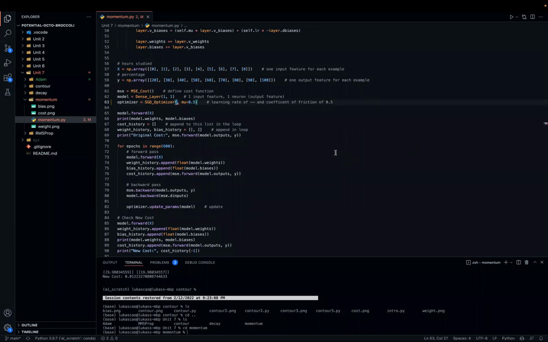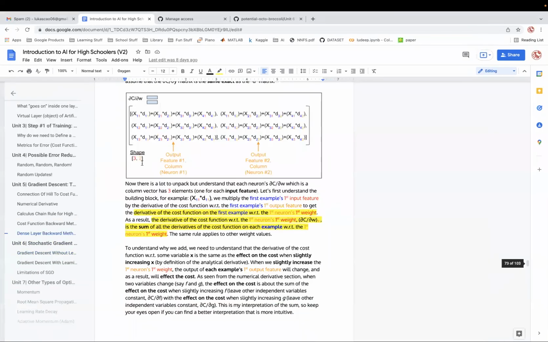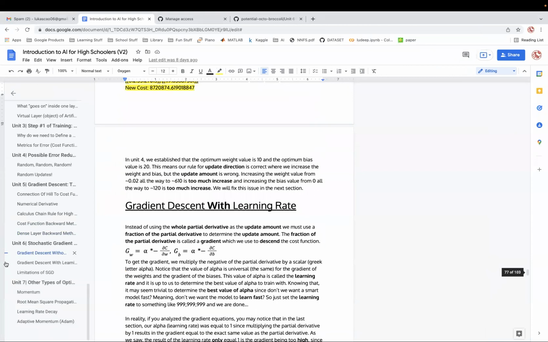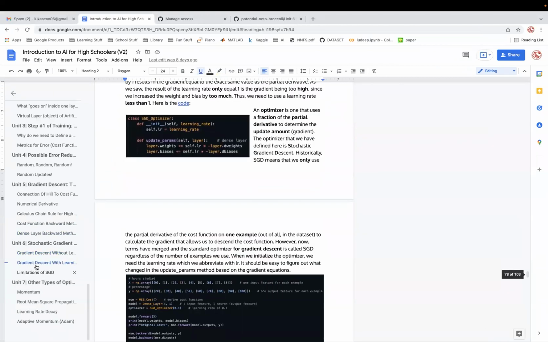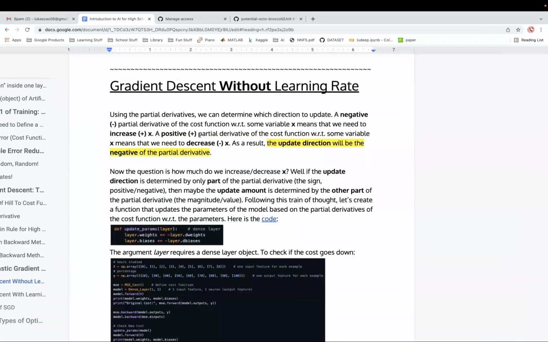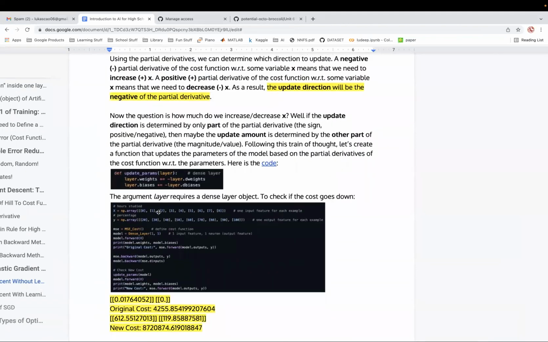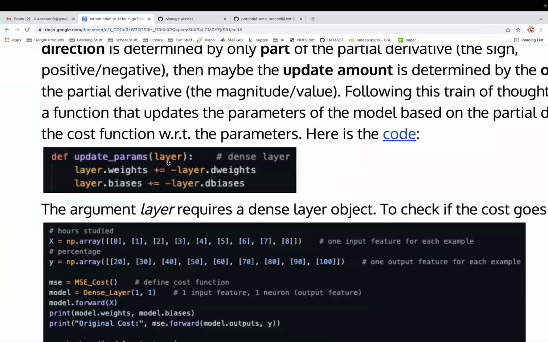Yeah, okay, so if you don't use learning rate, if you update with only this, I need to go back to learning rate. So without learning rate, you're technically having 1 multiplied by the negative of the derivative.